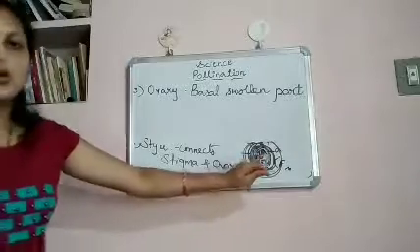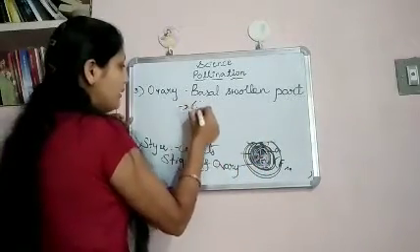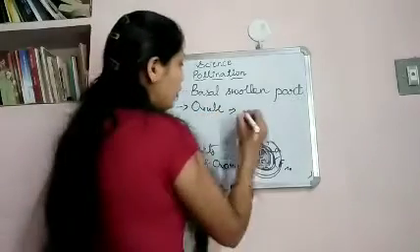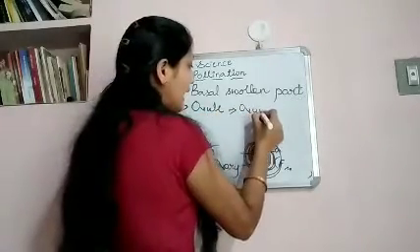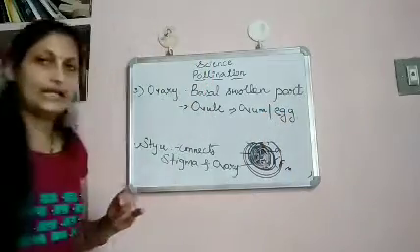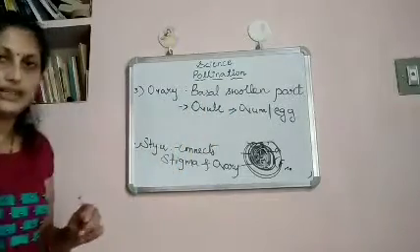And this ovary consists of ovule. Inside the ovule there is ovum or egg. So ovum or egg is the female sex cell.